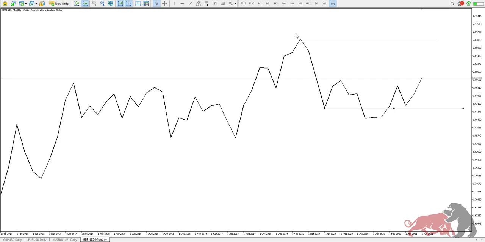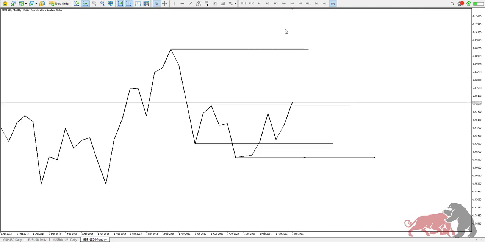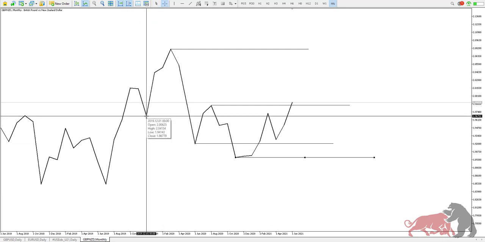Market moves from this high to this low. We had a new low, then market moved again, created a higher low, see, and then we had market move again to the downside, created a new low, right? You can see all this is inside my 18-month period.